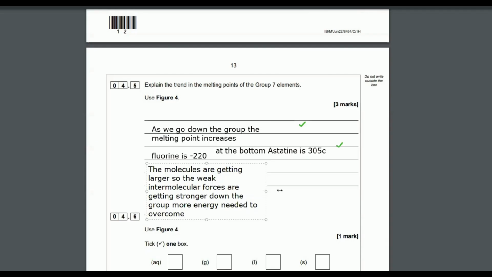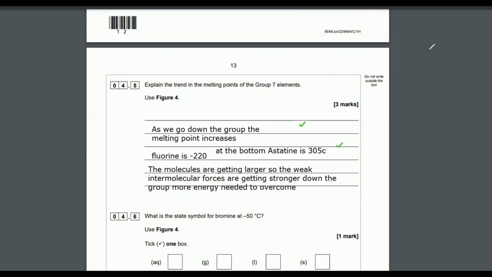Now, it's not the bonds that are getting stronger. This bit's quite difficult, but essentially fluorine's quite a small molecule. And here's my fluorine. When we want to melt fluorine, we do not break that bond. That's a very strong covalent bond. We're not breaking that. In fact, the fluorine bond is the strongest bond out of all the halogens.